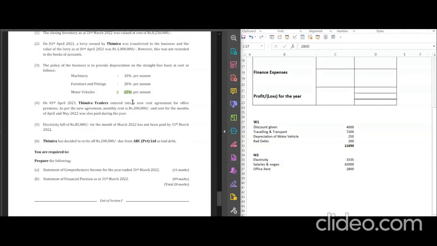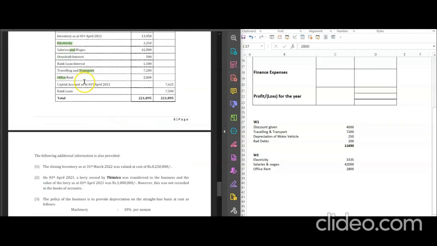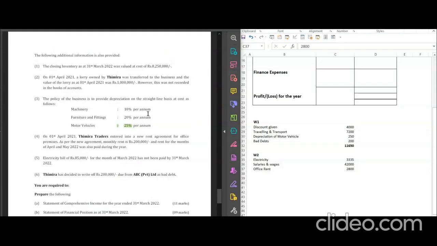But if you look at this additional information number 4, it says that April and May 2022 was also paid during this year. That means this office rent of 2,800 is included with the next year's 2 months rental amounts.